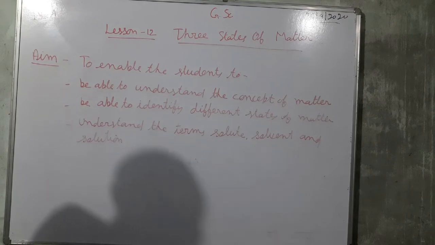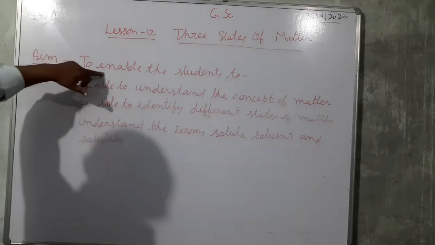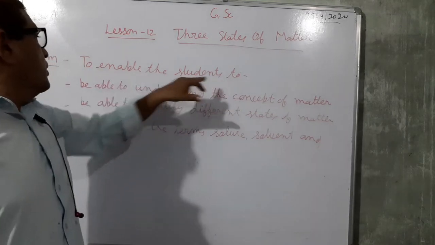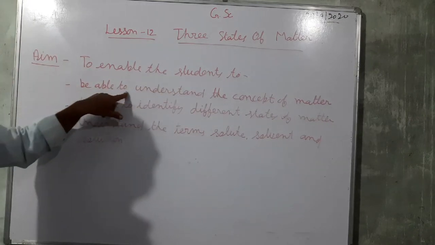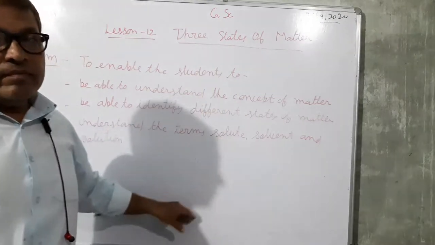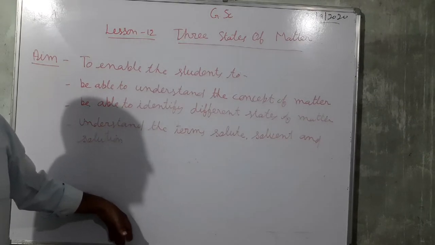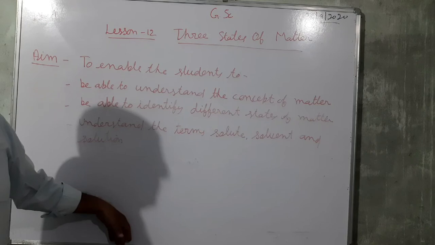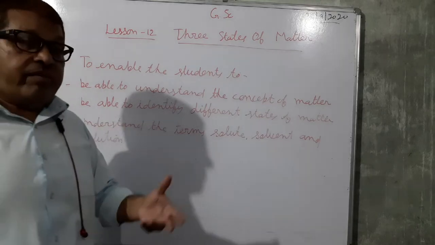What is the aim? To study the three states of matter. First, to enable the students to be able to understand the concept of matter. So first, students have to know what matter is and how many states there are.